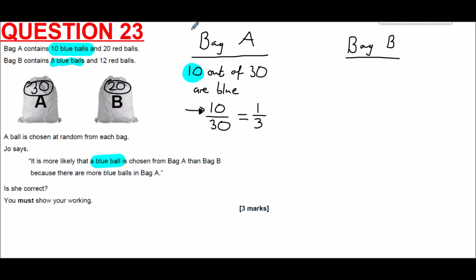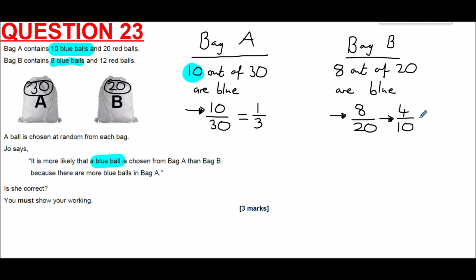And of those 20 balls, 8 out of 20 are blue. So as a fraction, 8 out of 20 could be written like this, which will simplify down. We can halve both numbers, which gets 4 out of 10, which then goes down to 2/5.